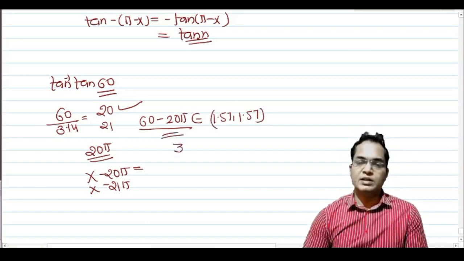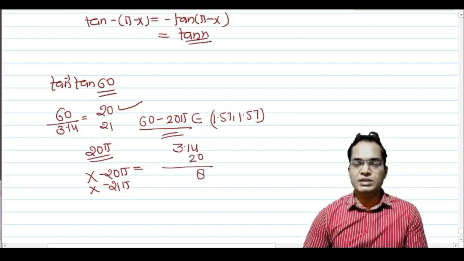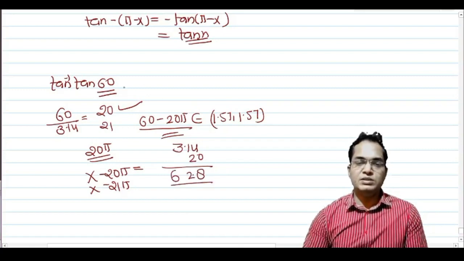Check it. 3.14 into 20, what happens? It is 62.8. Means your answer will be 60 minus 62.8. Means after solving you can realize it is minus 2.8.